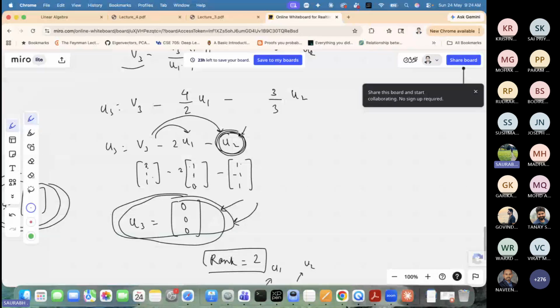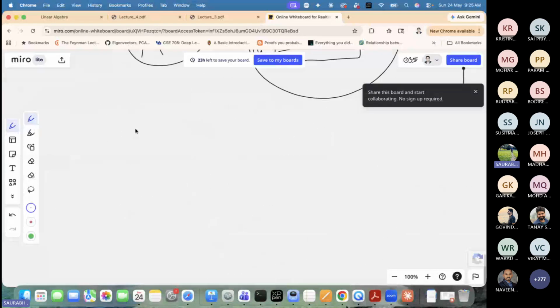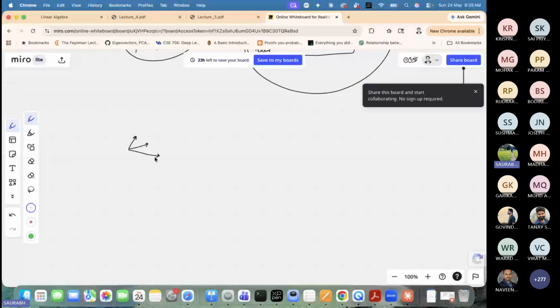Think of it as, first, given the three vectors that you have, you concentrated on two vectors and made them mutually perpendicular to each other. That's what the first step did.